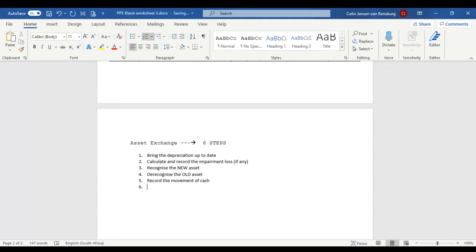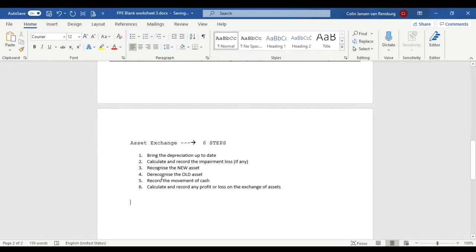And then the sixth step is to calculate and record any profit or loss on the exchange of assets. Okay, so those are the 6 steps that we have to follow.